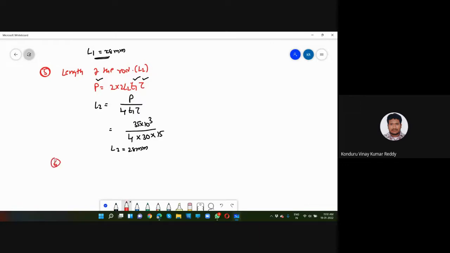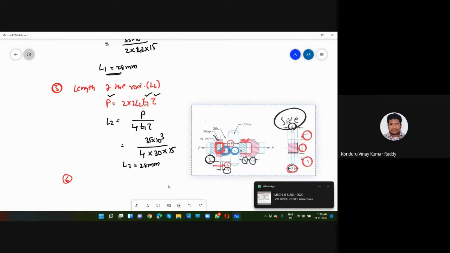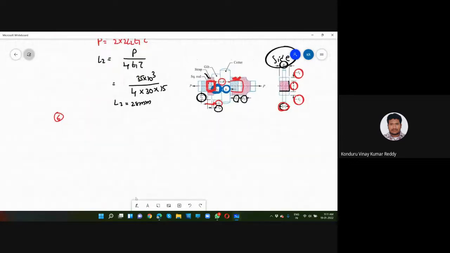The last and final step is the length L3 and also L4. We have found L1 and L2. Let us find out L3 first. For finding L3, we don't have any derivation, it is just a design data book value.